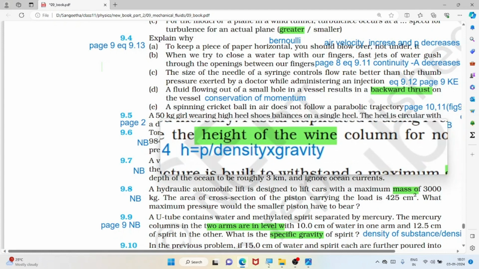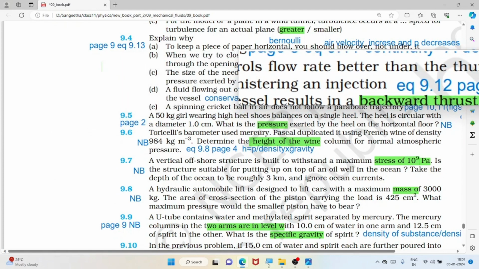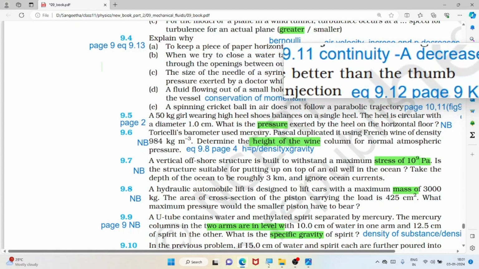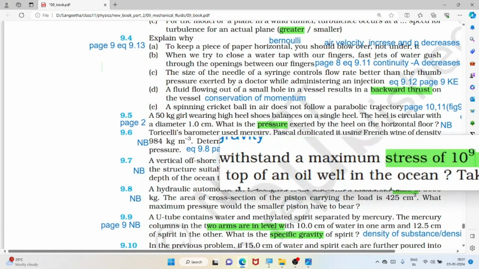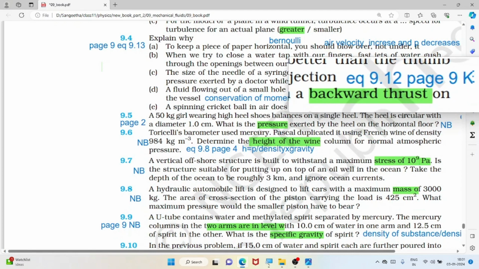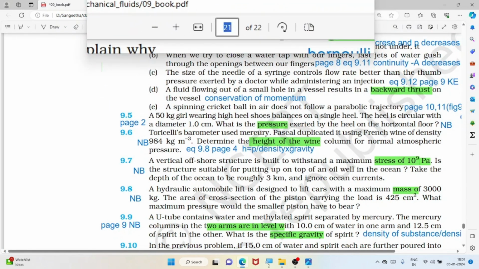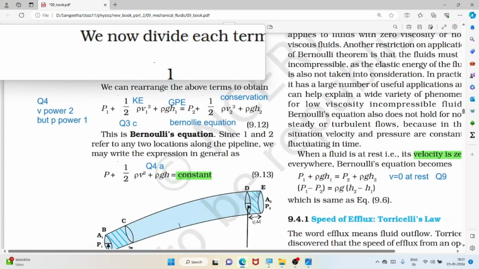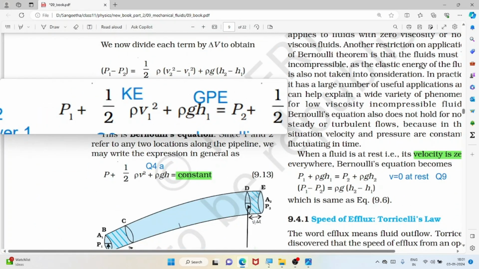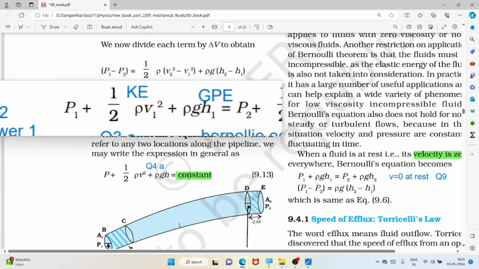So the pressure exerted by the doctor while administering gives a better flow rate than thumb pressure. Velocity is squared whereas pressure is power 1, so it contributes more.